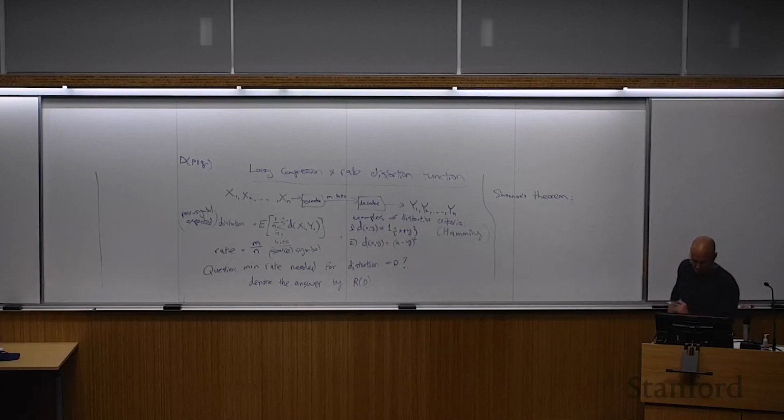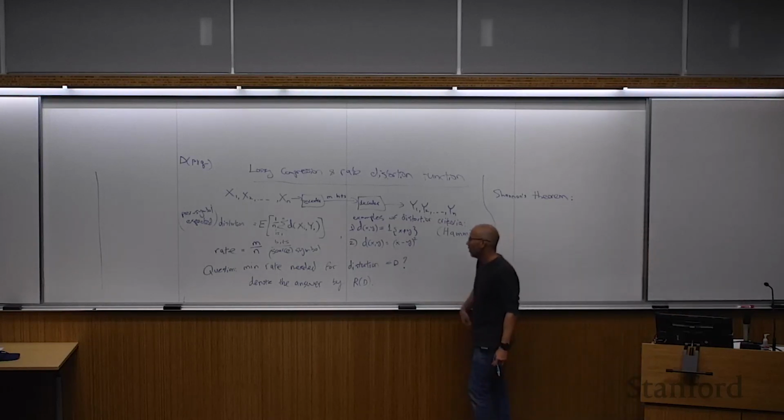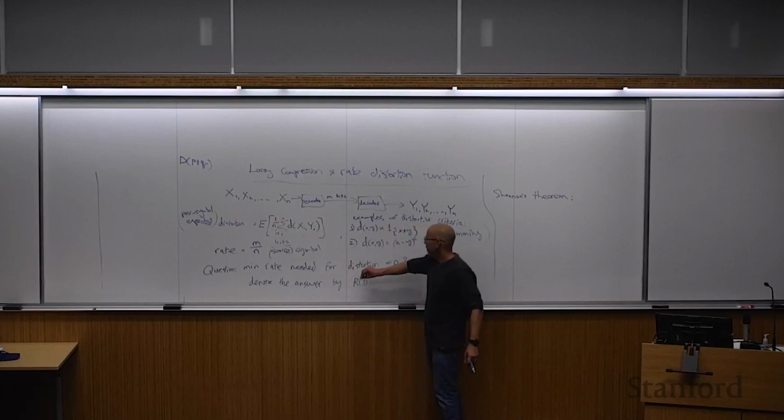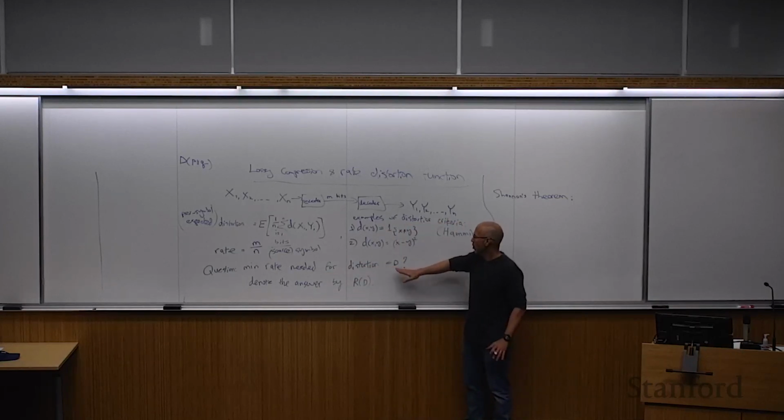So what is the minimum rate needed for achieving distortion no more than D?